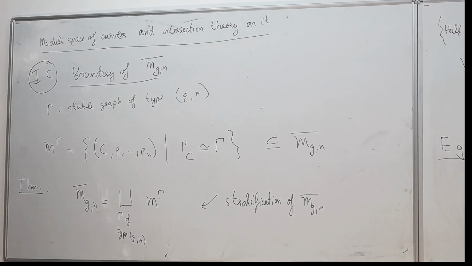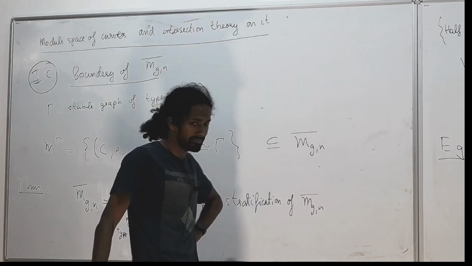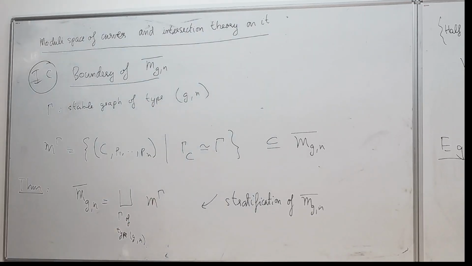I mean, yes, the graphs do have automorphisms, right? But here I just mean, you're taking graphs which are decorated by these numbers, the genera of the components. Yeah, I mean, I'm not sure how to say it.